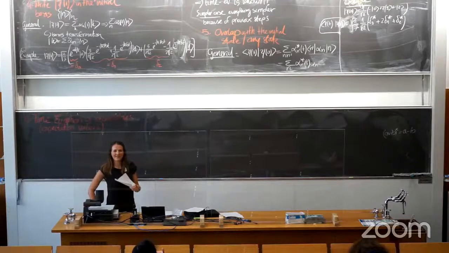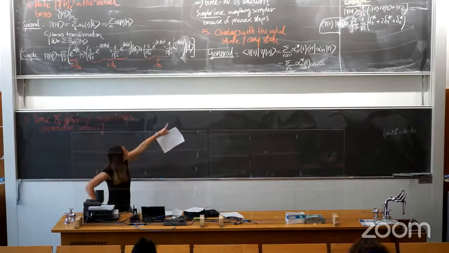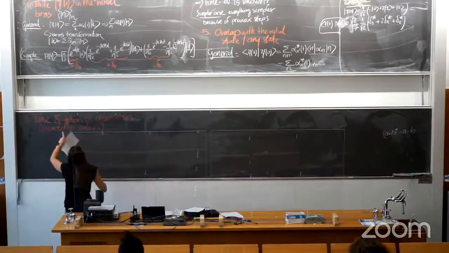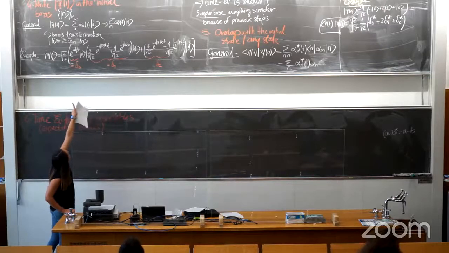So the 1 is as a function of t. You see here, I wrote, in the general case, my state as a function of t.